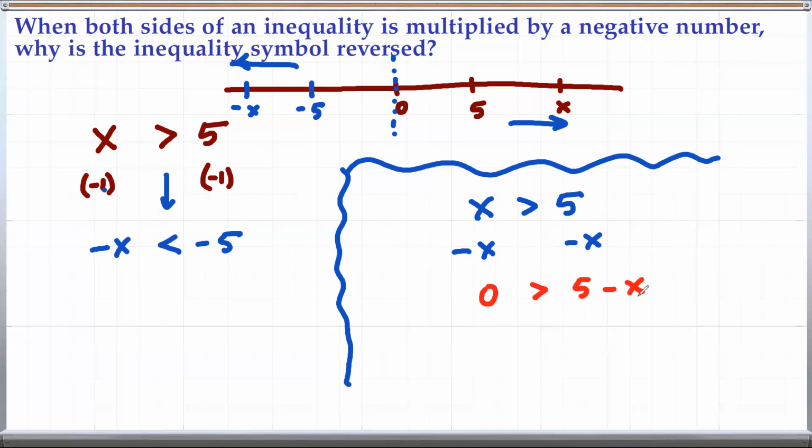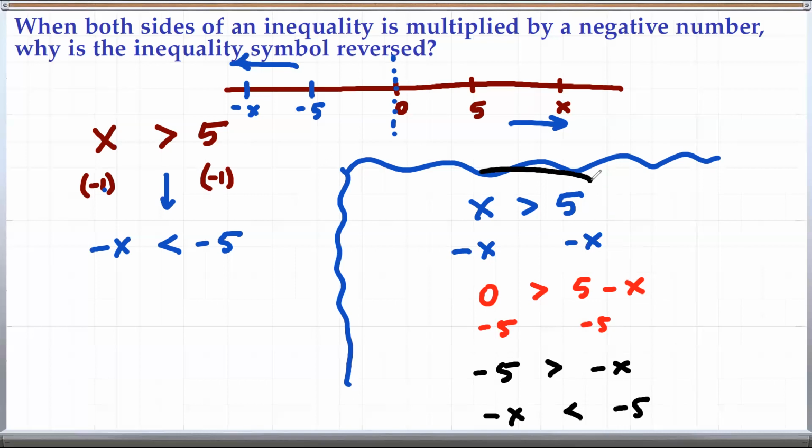We are subtracting x from both sides, so we don't have to change the sign. Now subtract 5 from both sides because we want to have negative x by itself. So on this side, you get negative 5 greater than negative x, or in other words, negative x less than negative 5.